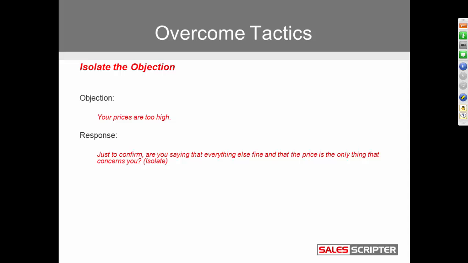But what you can also do is isolate the objection. If you're in the meeting trying to identify whether or not to move forward, trying to close the prospect, and they're saying your prices are too high, identify if that's the only concern.